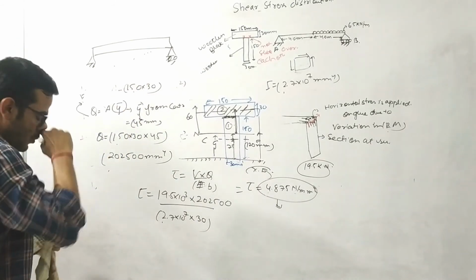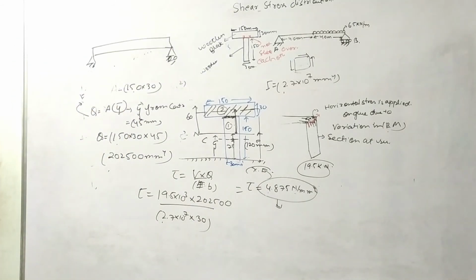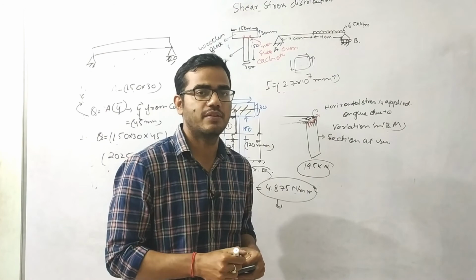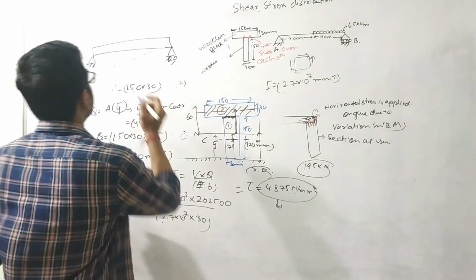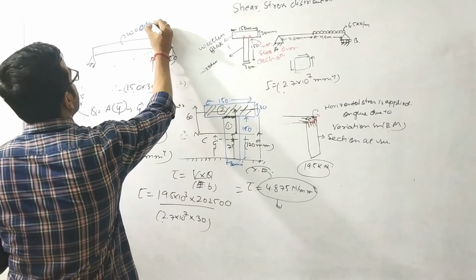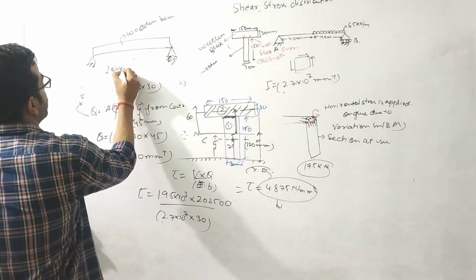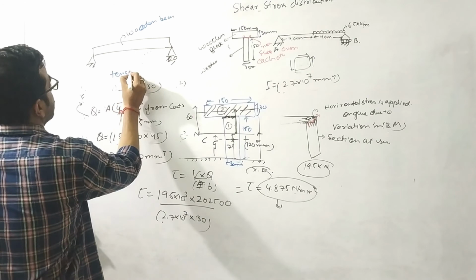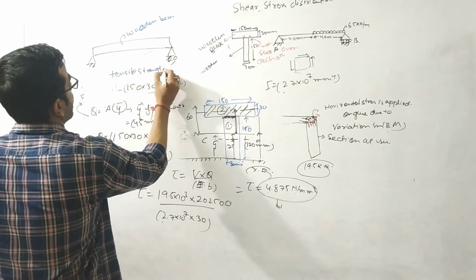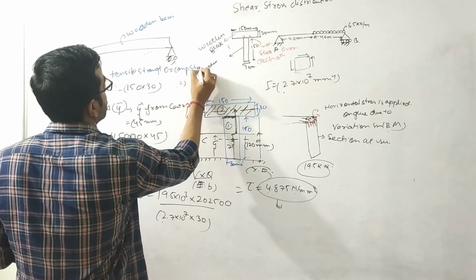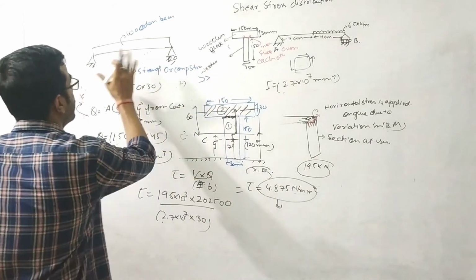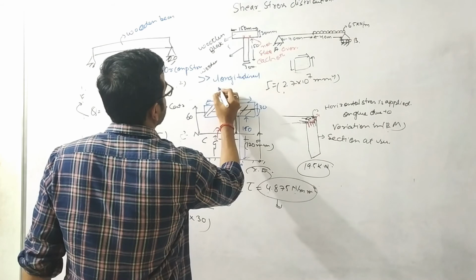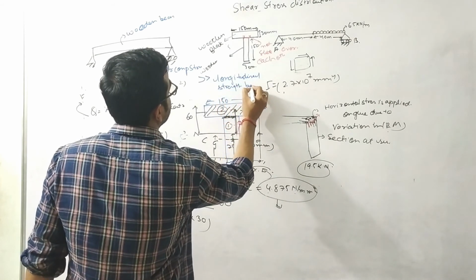In wooden beams, the tensile strength and the compressive strength are much greater than the longitudinal strength between the grains.